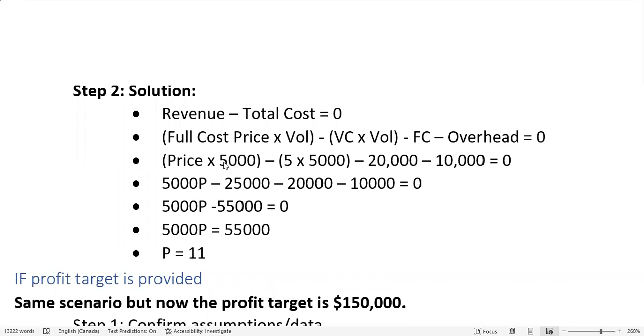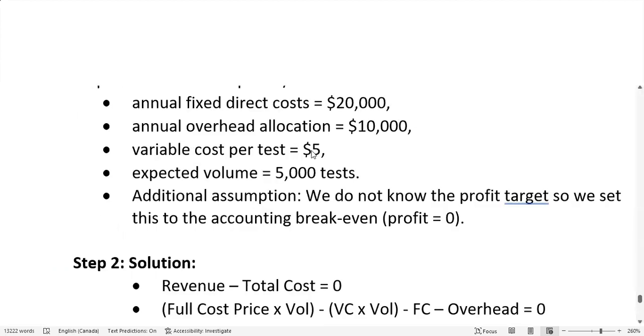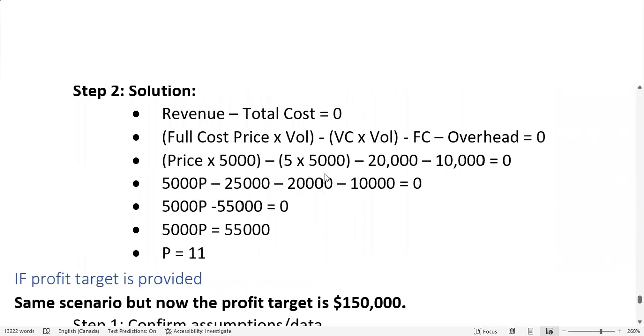You multiply the price with the volume, which is 5,000 tests in this example. For the total variable cost, we know the variable cost is $5 per test, so we include that and multiply by the volume, which is 5,000 tests. Then we know the fixed cost is $20,000 and the overhead is $10,000.